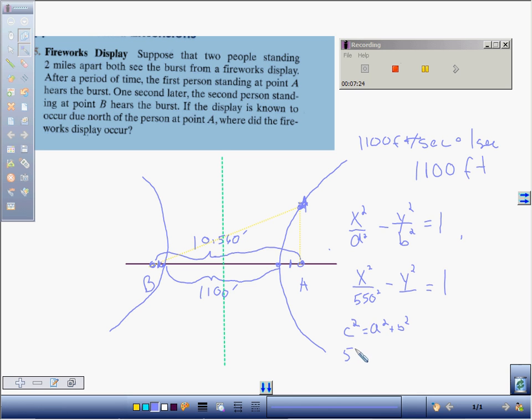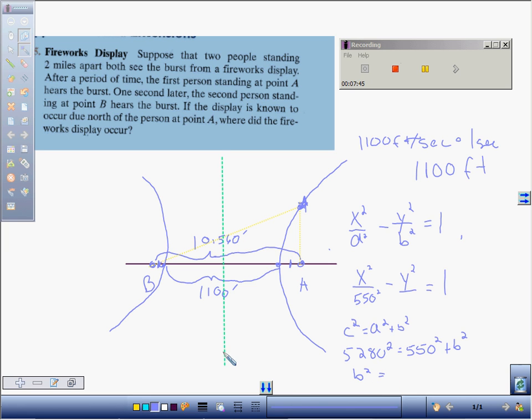So I have 5280 squared equals a squared, which is 550 squared, plus b squared. And then I'm not going to solve for b, I'm going to solve for b squared.